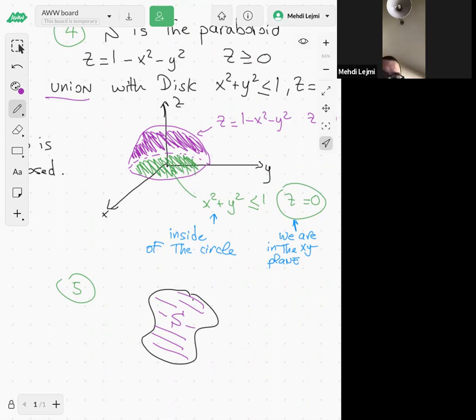It has a boundary, and the boundary would be this curve here. So this is the boundary of S.